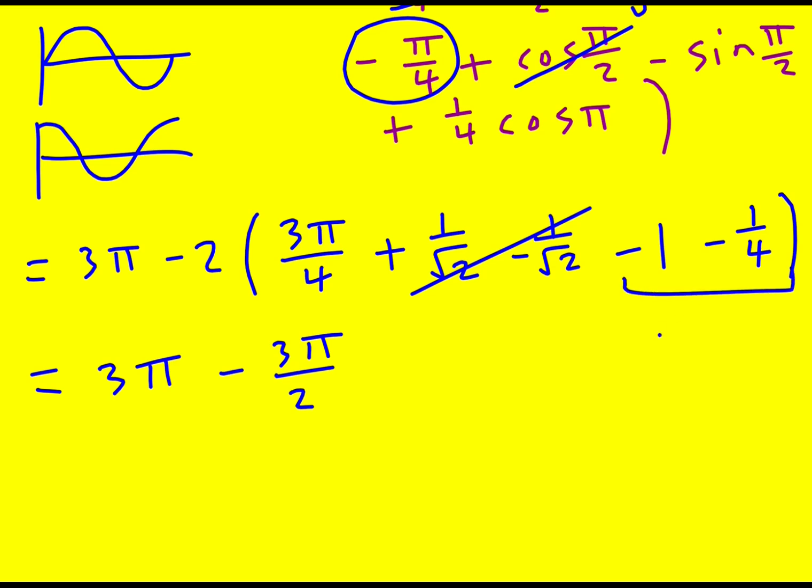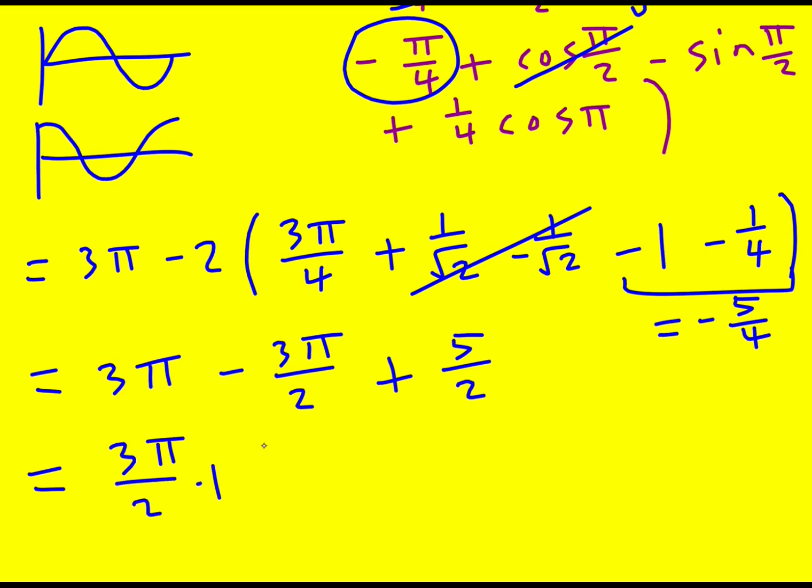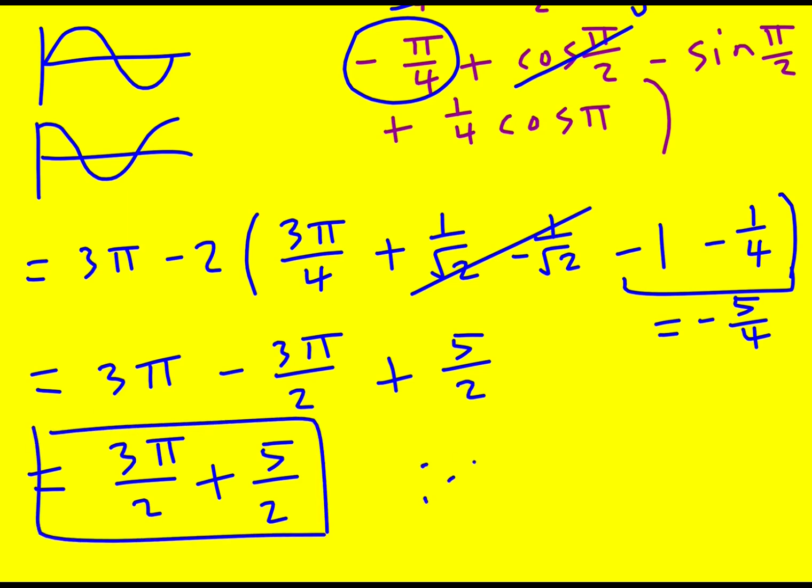This here is going to equal minus 5 over 4. So I'm then going to be adding minus 2 times minus 5 over 4. That's going to be plus 5 over 2. And finally, this is actually 6 pi over 2. So 6 pi over 2 minus 3 pi over 2, that's 3 pi over 2 plus 5 over 2. And that is the area of our shaded region R.